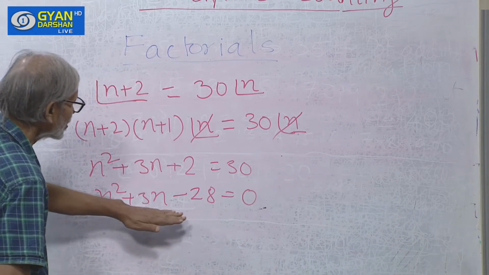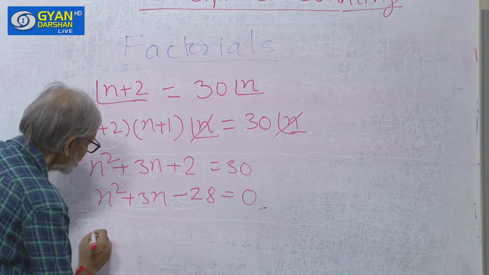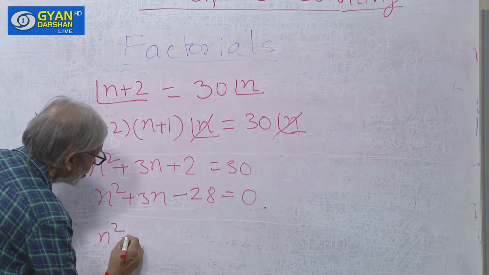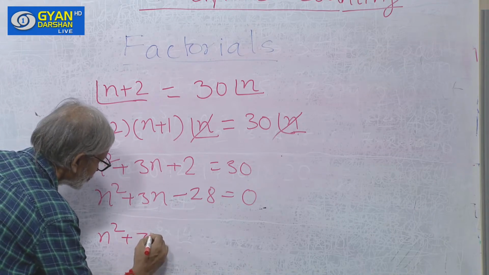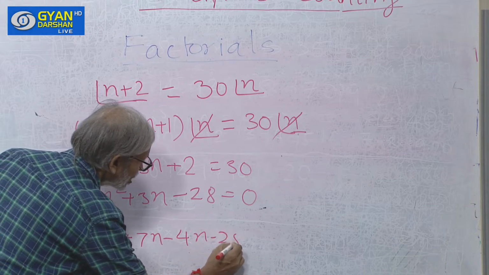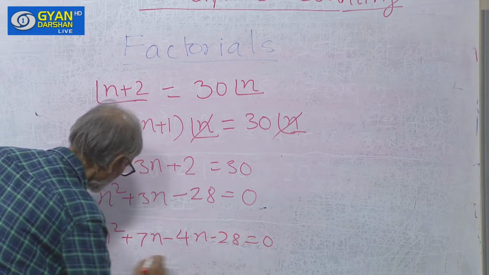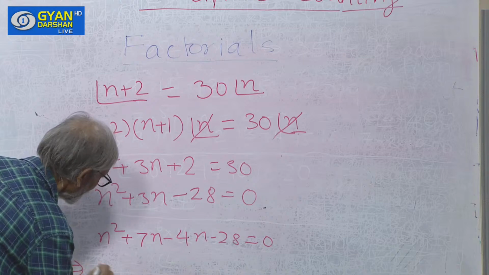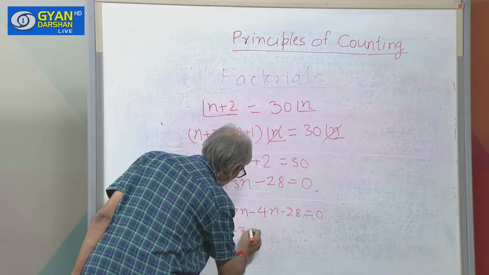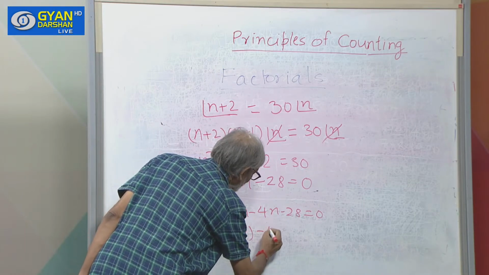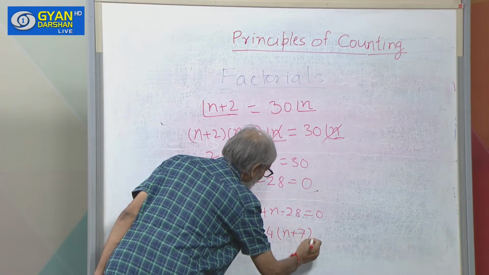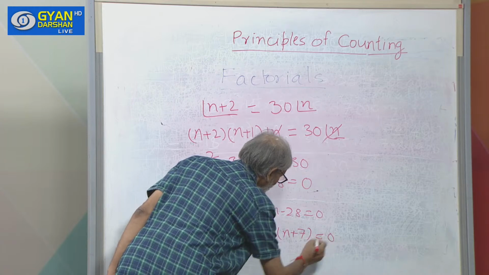So, it is simply factorization we will do. This will become n square plus 7n minus 4n minus 28 is equal to 0, and this will give n outside, n plus 7, minus, if I take 4 common, n plus 7 is equal to 0.